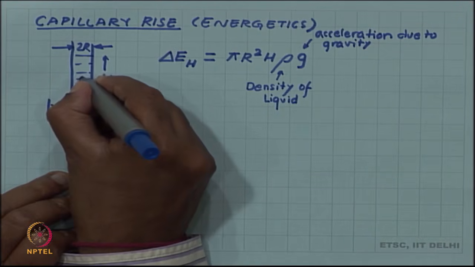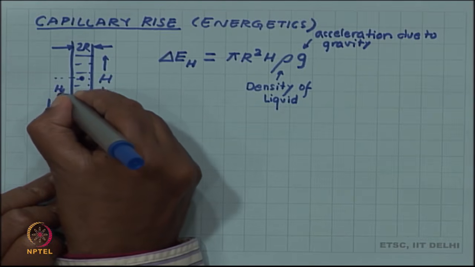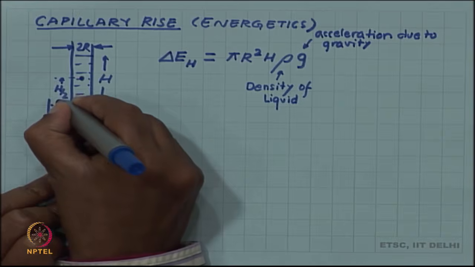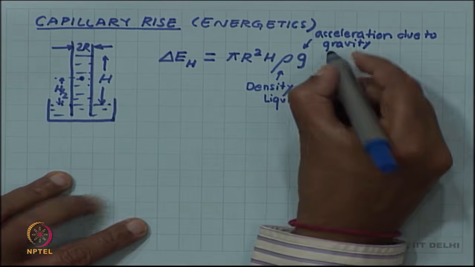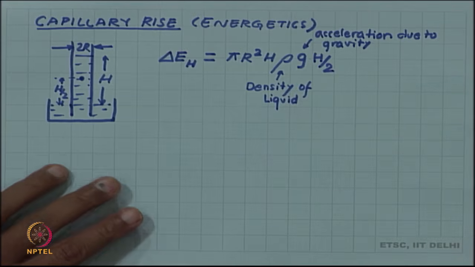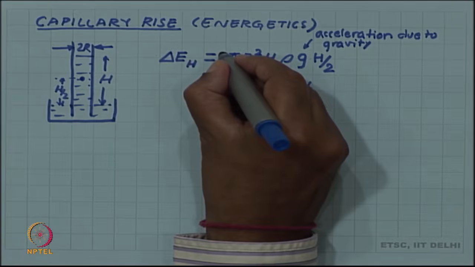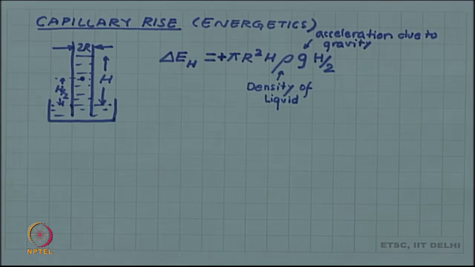Now, the relevant height here is the height of the center of gravity, which is just half of the total height. We multiply this by h by 2. So, this term is there and this is a positive term because the potential energy will increase.